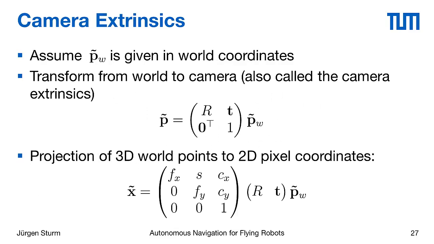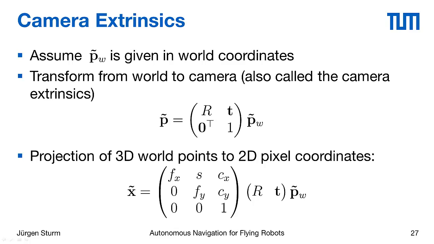And then one last thing: the 3D point coordinates that we've been looking at previously are typically given in world coordinates. So before we can project them onto the image plane, we need to transform them from world coordinates to the local camera system. This transformation is also called the camera extrinsic parameters. These parameters describe where the camera is located in 3D space, and this is similar to the conversion from a global coordinate system to a local coordinate system that we've seen before.